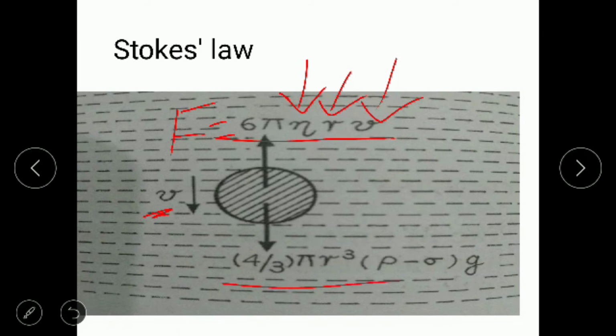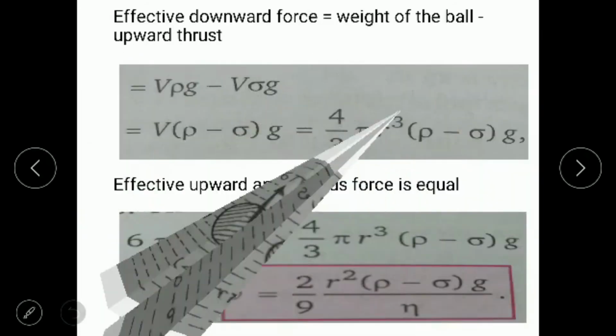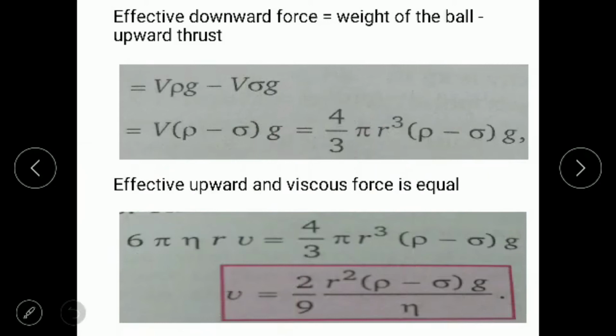And this value over here is the effective downward force. I'll show you how this value came. For that, we need to do some calculation. Now, how is the effective downward force calculated? Effective downward force is actually the weight of the ball minus the upward thrust.